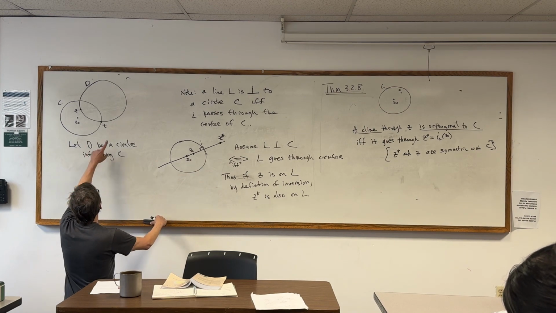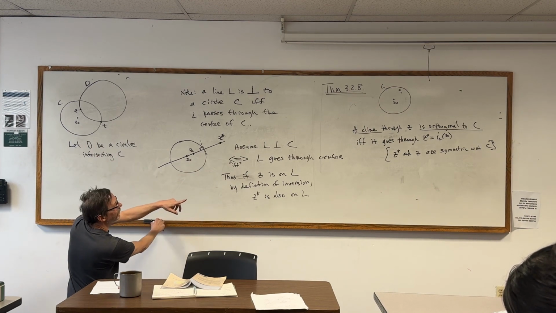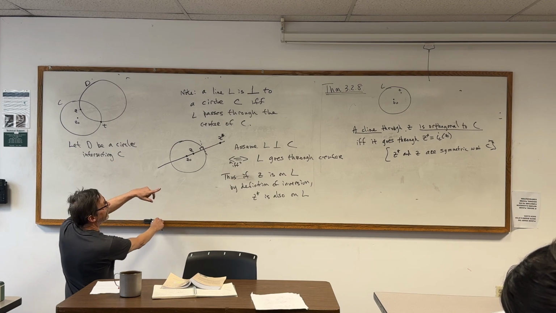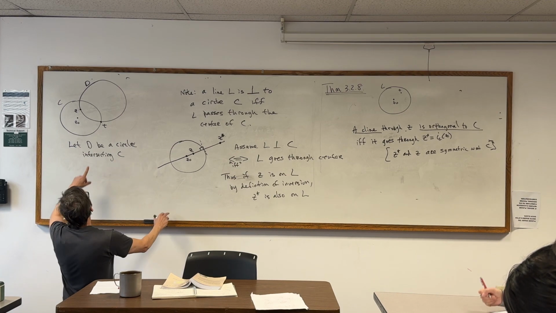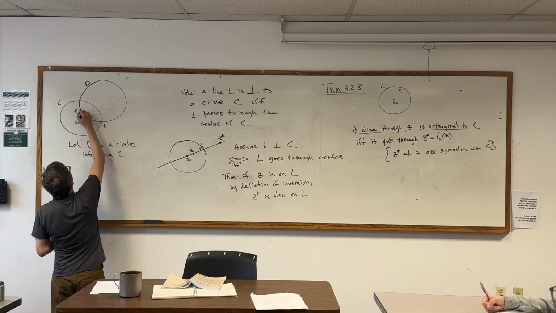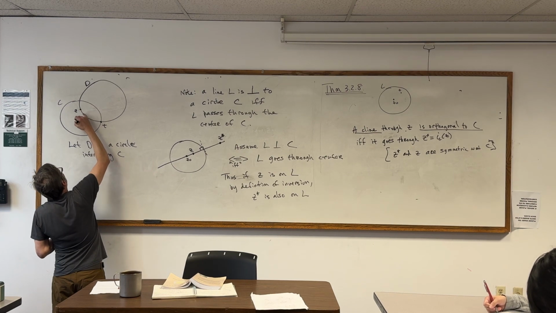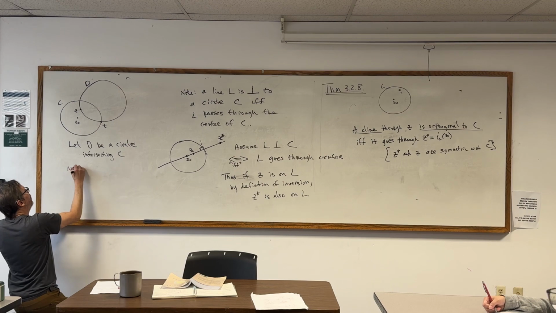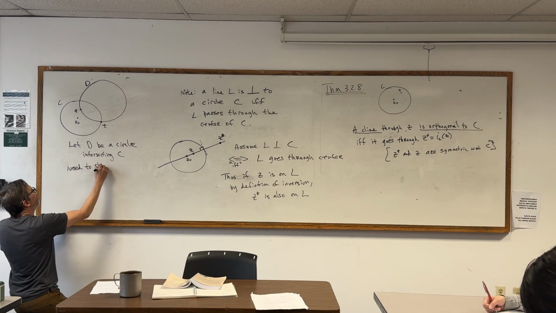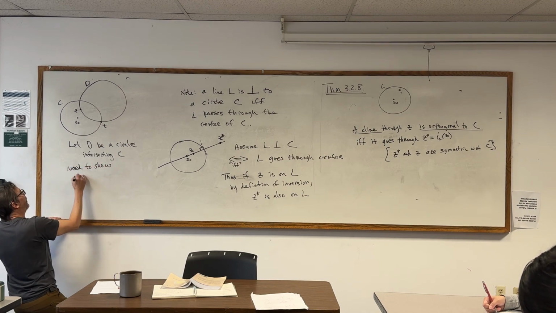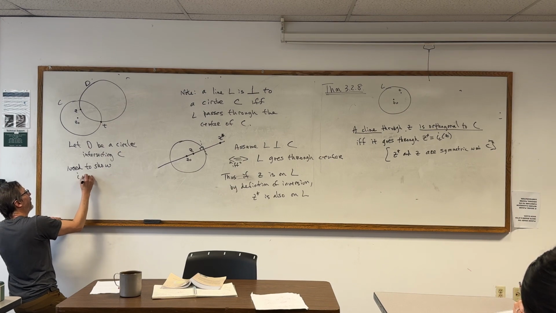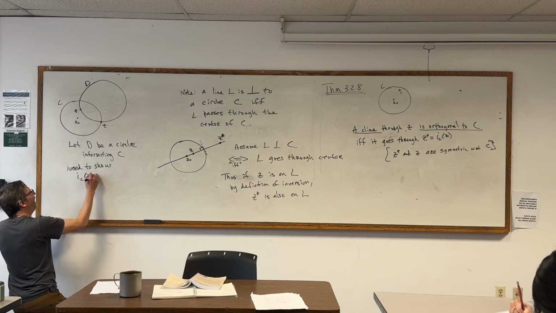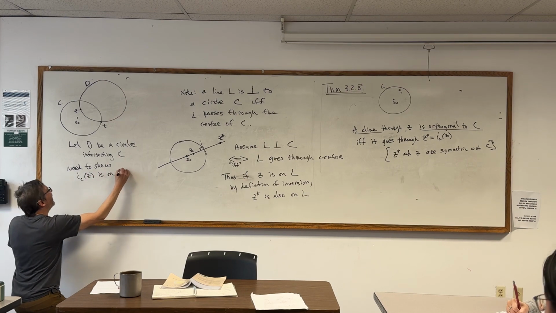So what I've got to do is show that the inversion of the Z is also on D. I need to show that the inversion with respect to C of Z is on D.